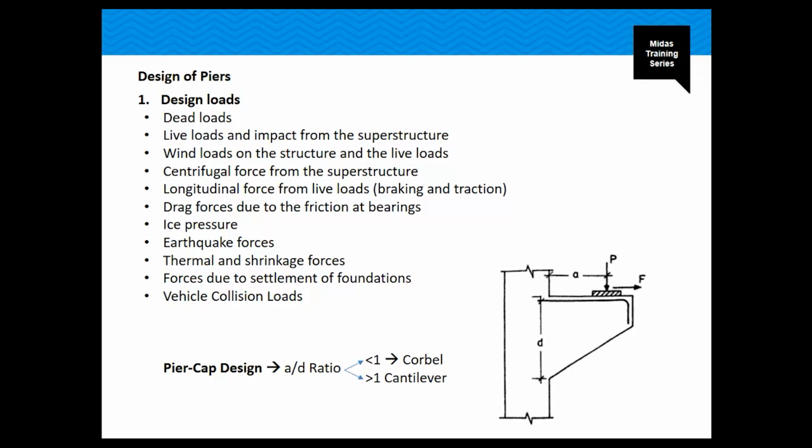the design of a pier or a column is performed to fulfill the strength and the serviceability requirements, as you might know. For design of the piers, the first step is basically to calculate the design loads acting on the pier.